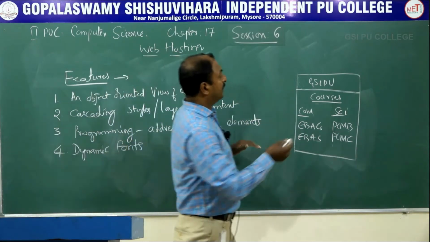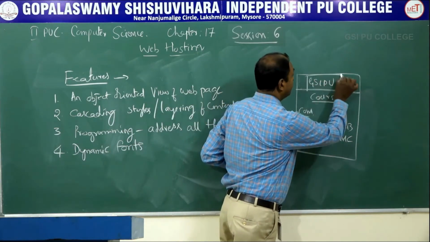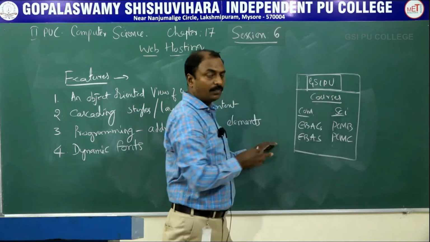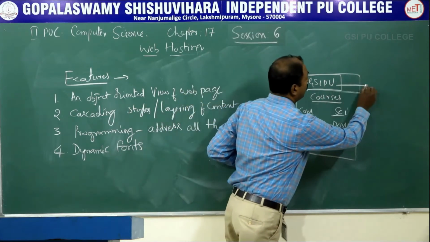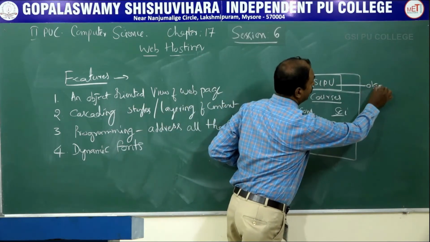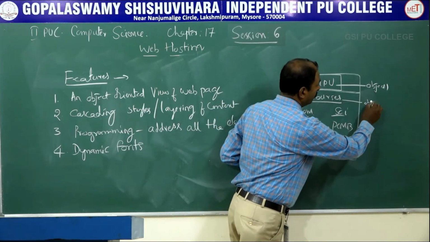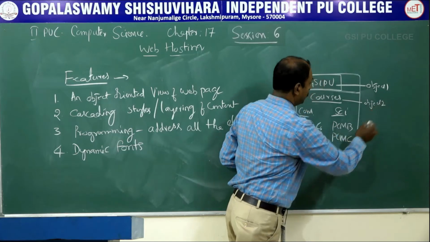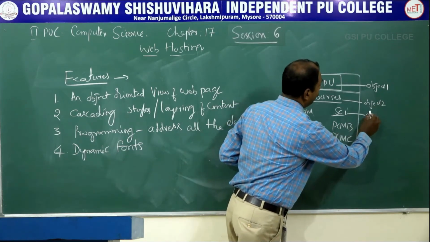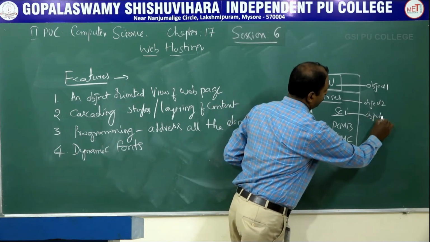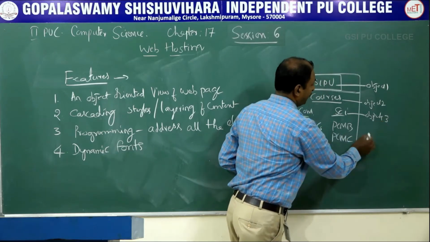Whenever this heading, the heading of the website or within the website, it is one object. It is object 1, and this is object 2, and these are all considered as different objects. Objects 3, like this.